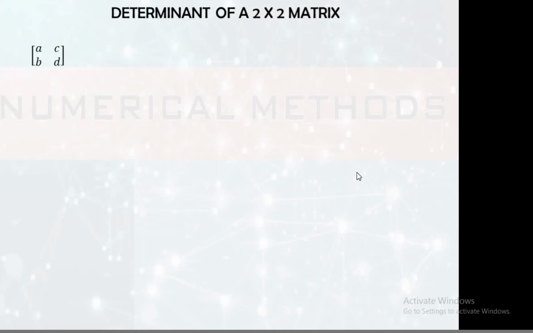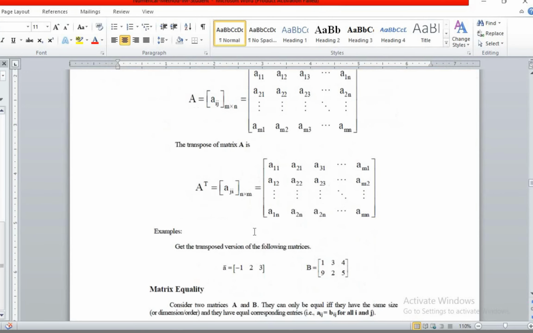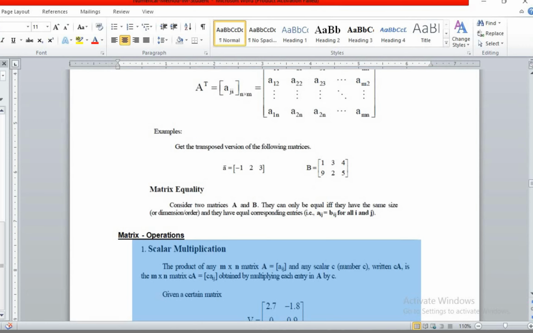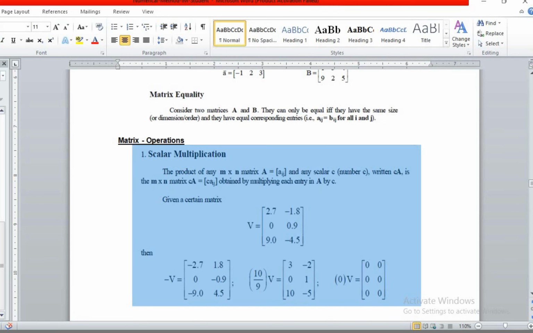So for this one, we go now to the determinant of a 2 by 2 matrix. Ano ba ang determinants? If we try to look here at your notes, determinant, pakita ko lang sa inyo, lahat po ng mga sinasabi ko dito sa video na to ay makikita sa inyong notes.